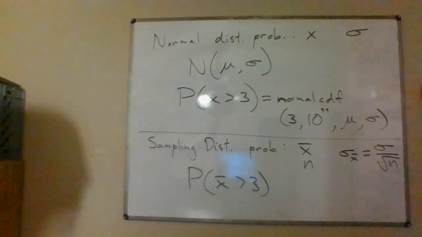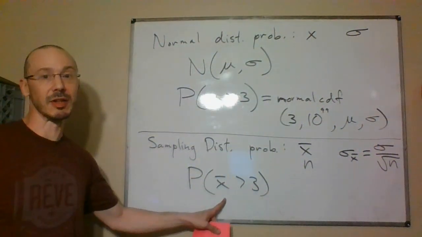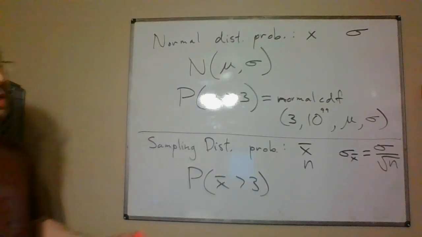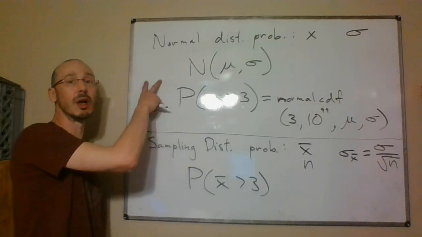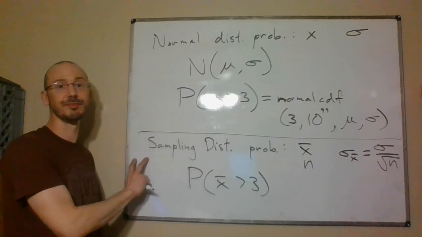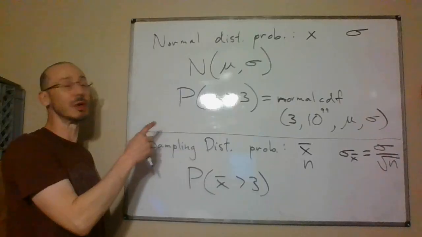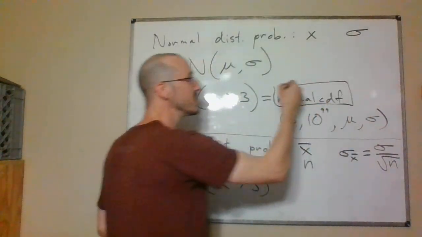That top one is an x greater than 3 probability. The bottom one is x bar greater than 3. And that's a pretty big difference, because here we're talking about 1, and here we're talking about n individuals. Keeping these two separate is one of the tricky things, because we are doing the same thing. We're doing the normal CDF function.